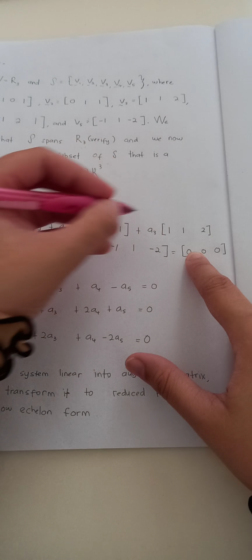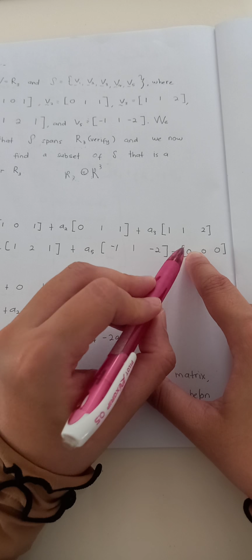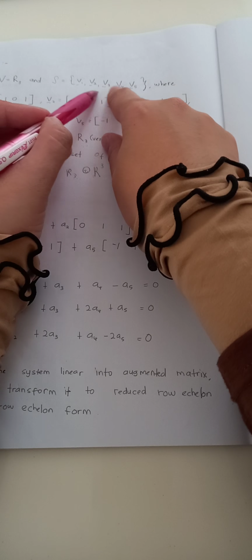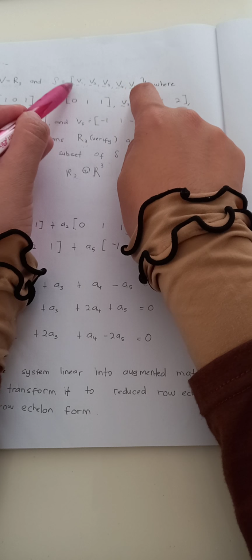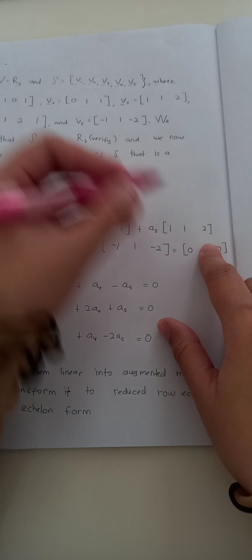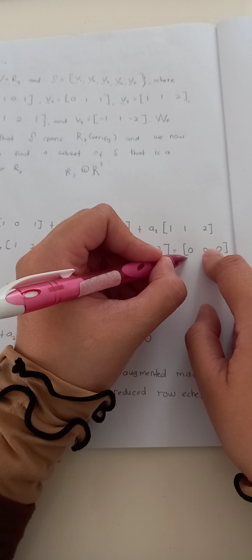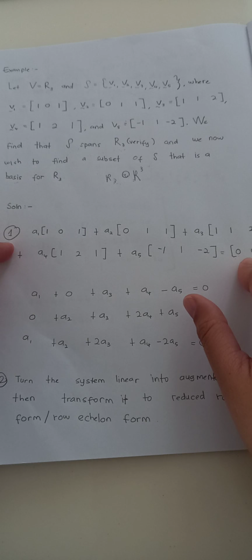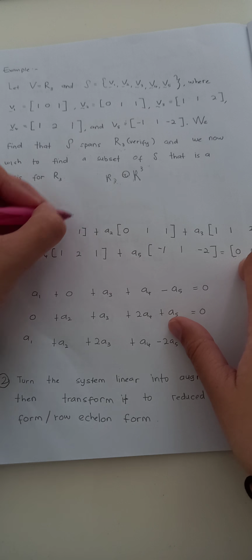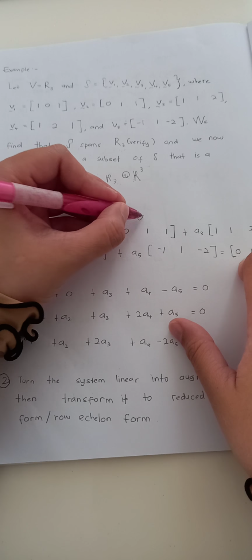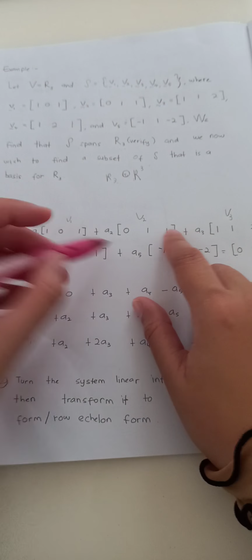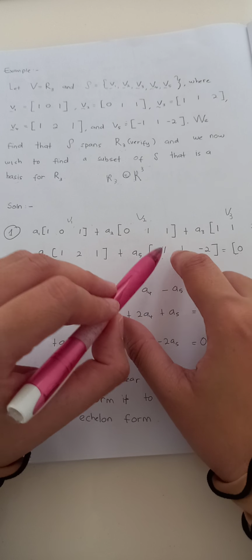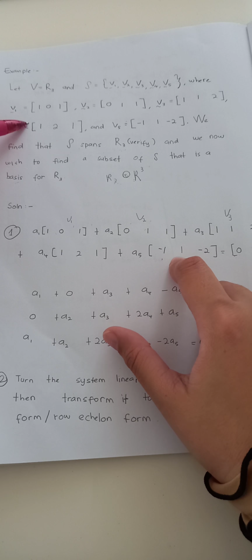This one is V1, V2, V3, and all the values for V1, V2, V3, V4 and V5 are taken from the question.